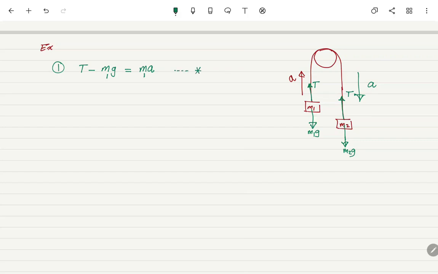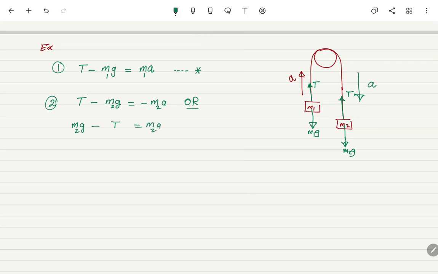Now, for the second case, it's tension minus M2G equal to, the acceleration is going down, so it's minus M2A, or with the force with the acceleration first. In this case, M2G minus tension equal to M2A.